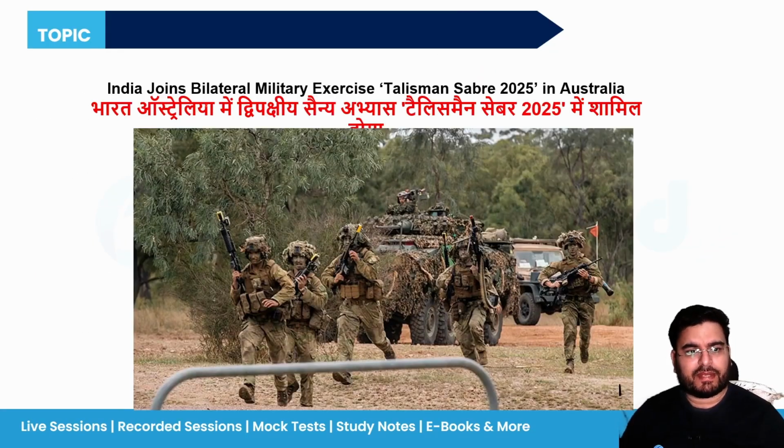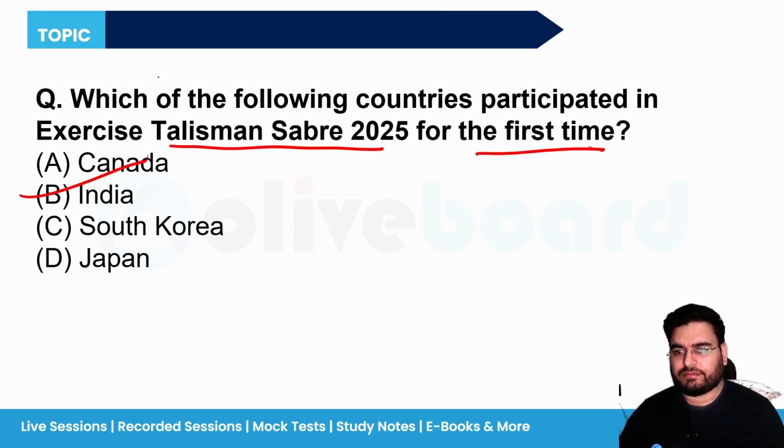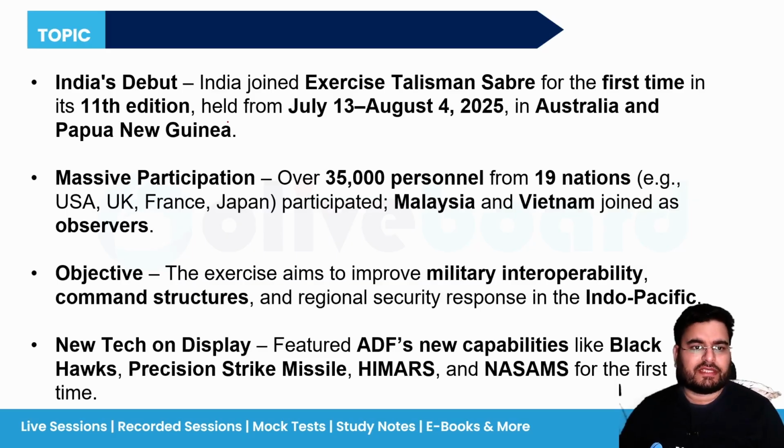Next is India joins bilateral military exercise Talisman Saber in Australia. So which of the following countries participated in Talisman Saber for the first time? So India. Okay. So this exercise Talisman Saber is held between Australia and Papua New Guinea. These are the two countries, and now India has also joined, right?